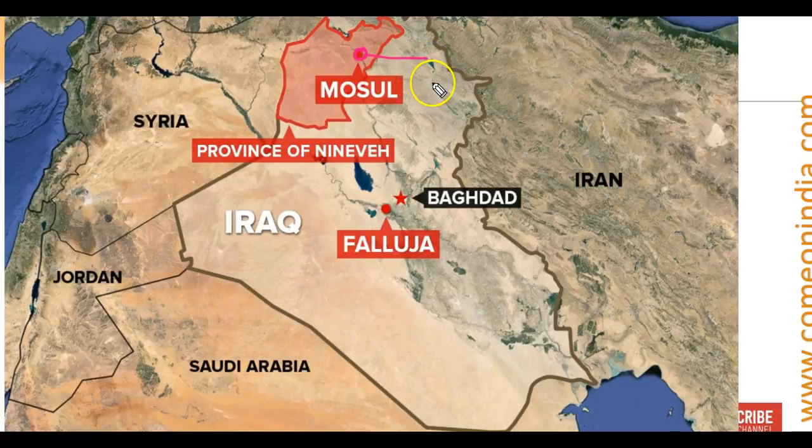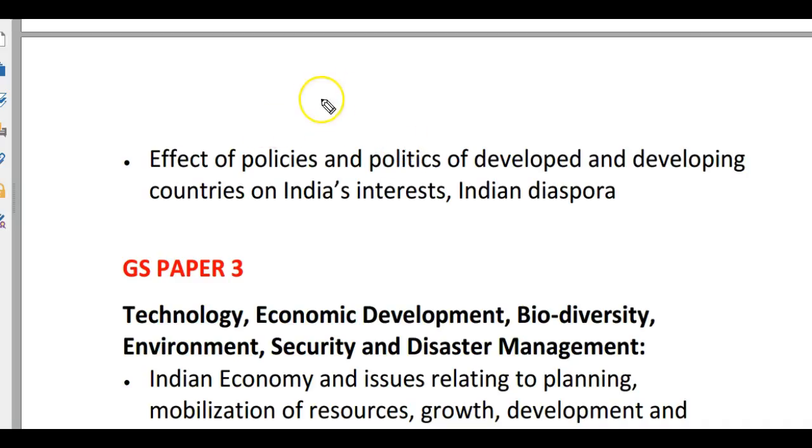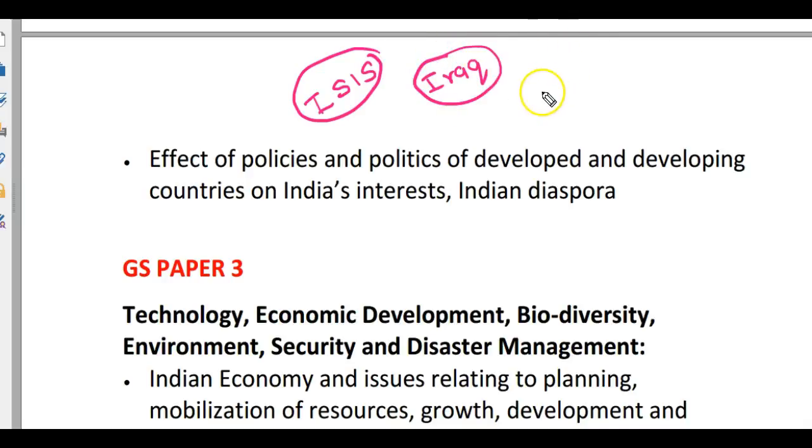So Iraq launched the biggest offensive against ISIS to retake Mosul along with the help of US and European forces. You should prepare thoroughly on the topic of ISIS and what is happening in Iraq, and US and other Western powers' involvement in the West Asian region.